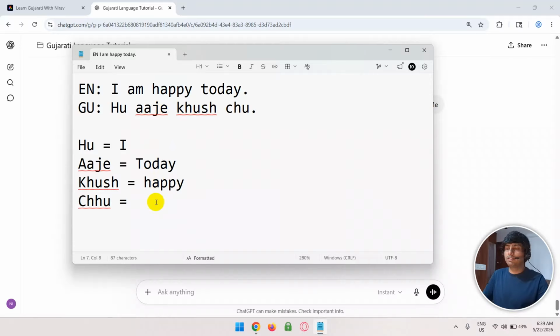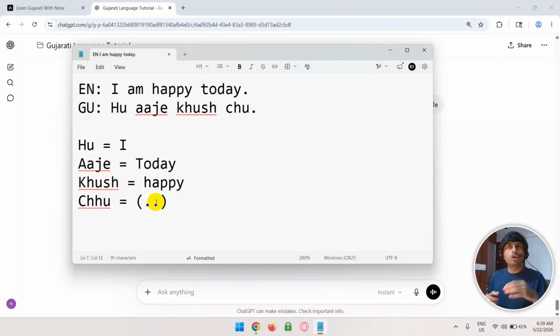Chu is to end the sentence; to finish that action we use chu, che, such a word in Gujarati when we end the sentences. હું આજે ખુશ છું. For I in Gujarati we say હું. For today in Gujarati we say આજે.